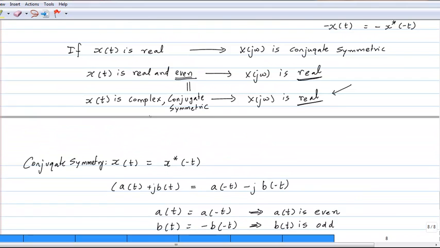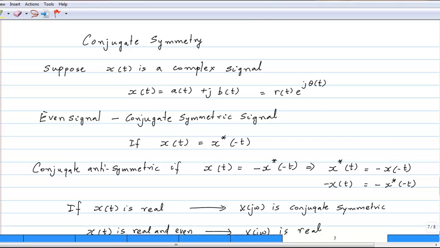Now, the definitions of conjugate symmetric and conjugate antisymmetric signals work the same for discrete time signals as well, and so I'm not going to explicitly talk about that, but all these properties remain the same.